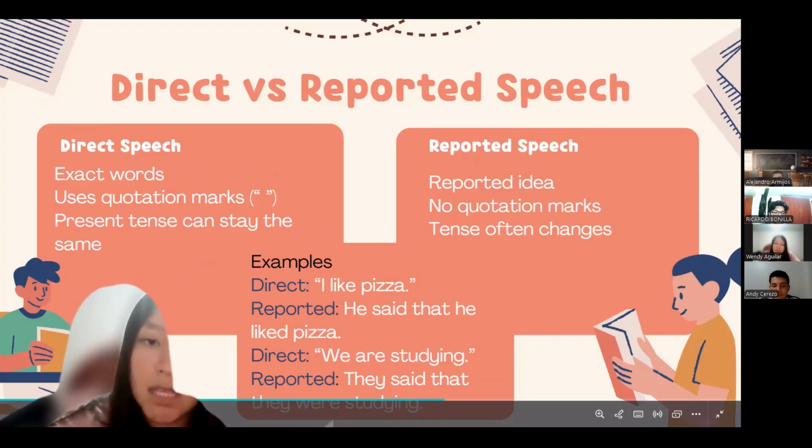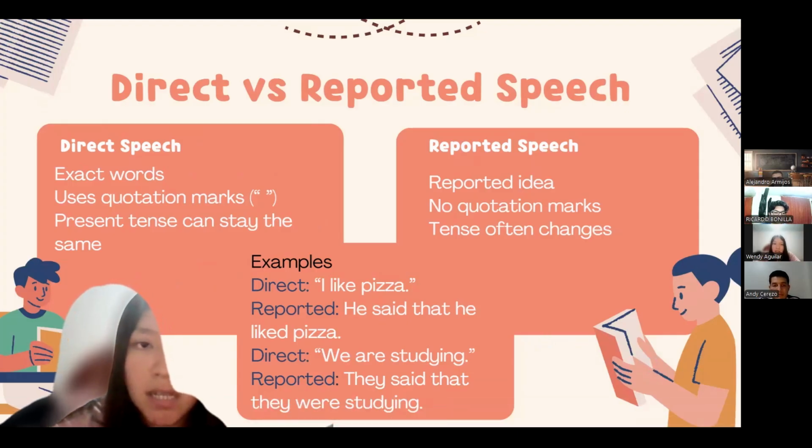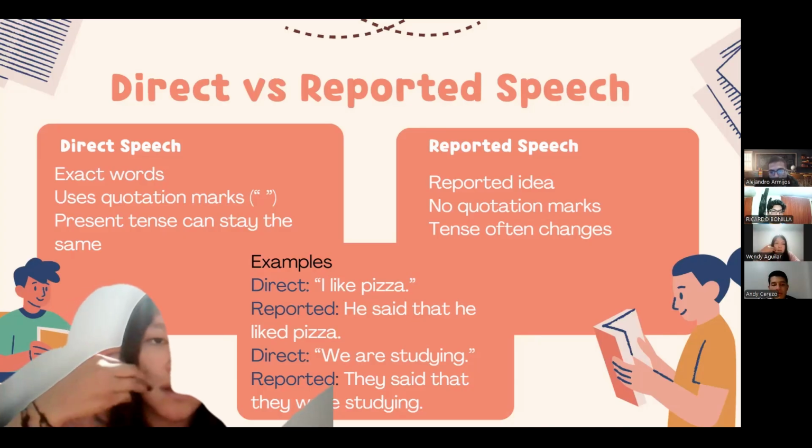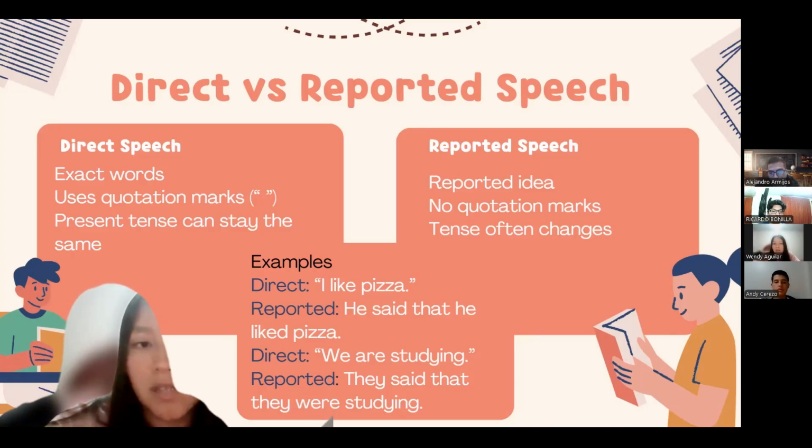Okay, now let's compare direct speech and reported speech. Direct speech repeats the exact words of the speaker. Because of this, quotation marks are necessary. For example, "I like pizza." These are the speaker's original words.